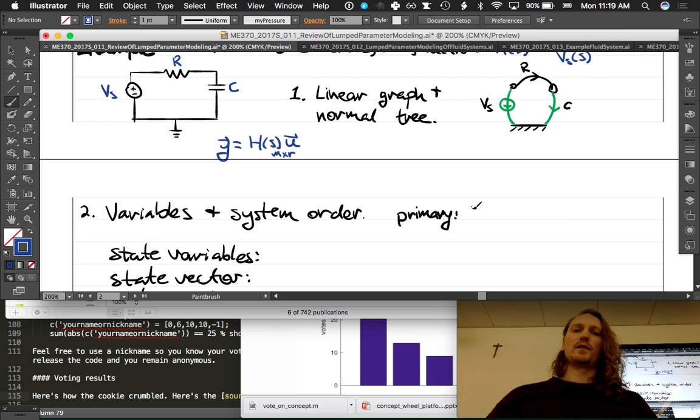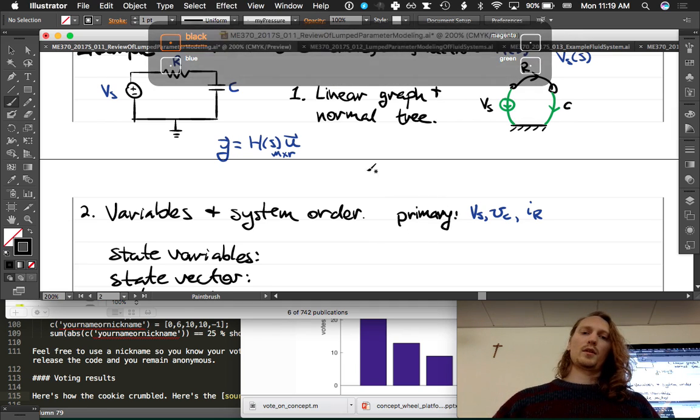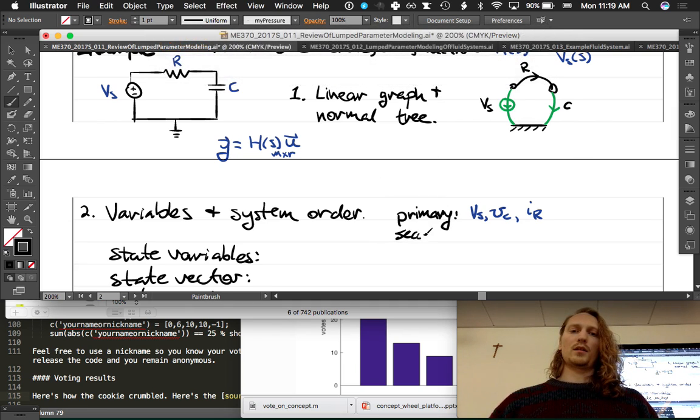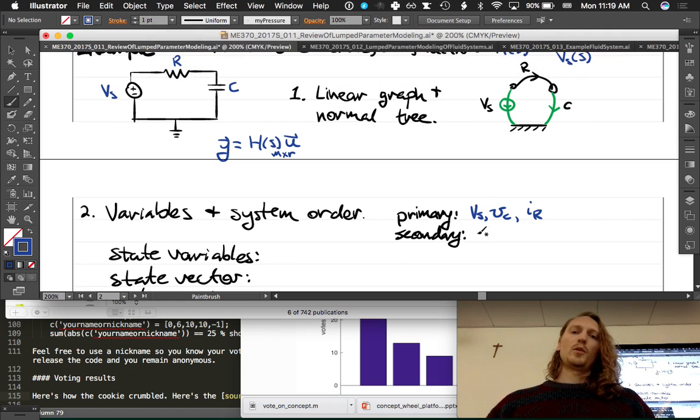So it's VS, VC, IR. Good. And then our secondary variables. Sometimes in these simple problems we skip right to state variables, but we'll go through this because we haven't done it in a while. So secondary variables are what?